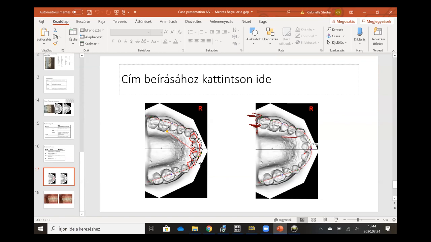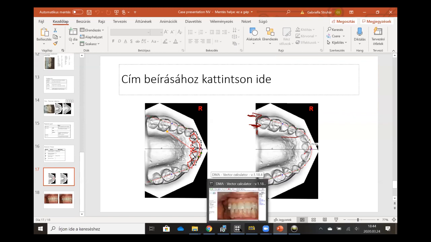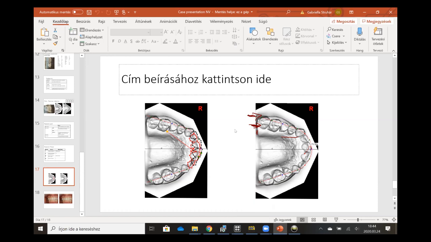But also here, the occlusogram is not correct. You have this movement of the posterior teeth, which would be very difficult. Asymmetrical expansion and asymmetrical, this goes to the distal, this goes to the mesial. Why that? You're making a very complex thing.